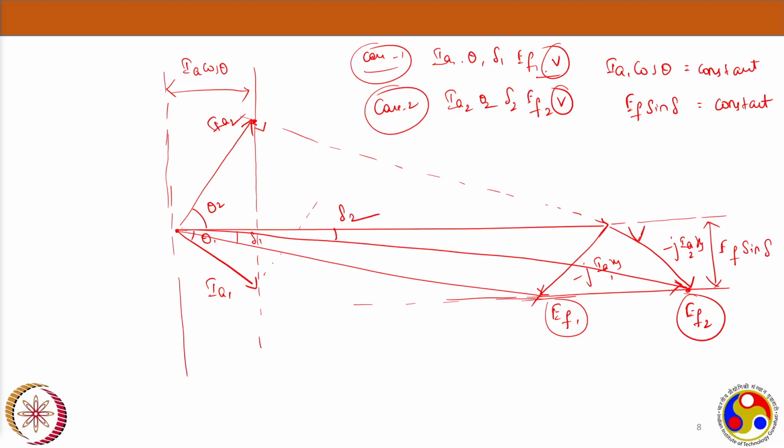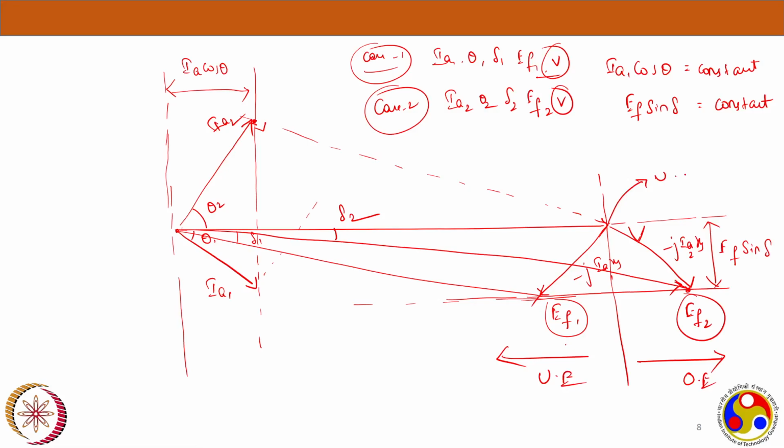Now, can you tell me the power factor in the under-excited condition here? Under-excited would be my EF1 case. This will be the under-excited, and this will be my over-excited condition. And there exists a point where it will be the unity power factor.